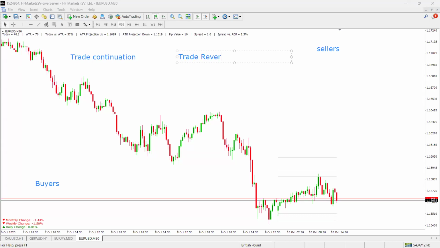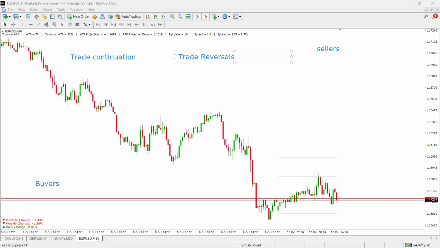It means, for example, if I have an understanding about who I think is in charge of the market, if I think buyers are currently in charge of a particular asset, or if I think sellers are currently in charge of a particular asset, I can use stock as one of my major tools for confirmation that I can keep trading in that particular direction, or if I need to hold on or not.